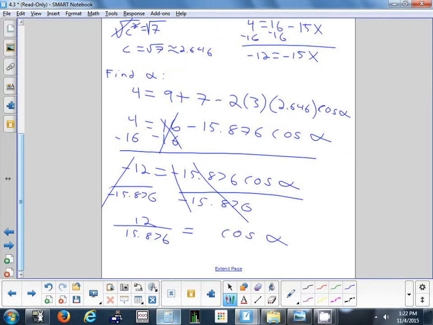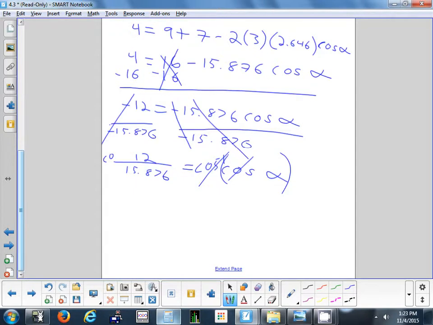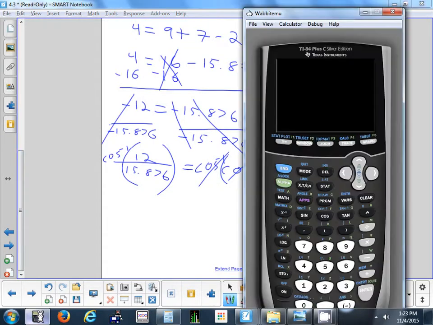Okay, we've seen this kind of problem before, where you've got a variable next to a trig function, and you want to get rid of the trig function. This time, not inverse sine, but inverse cosine. And that cancels it out. So type in inverse cosine of 12 over 15.876, and that's our answer.